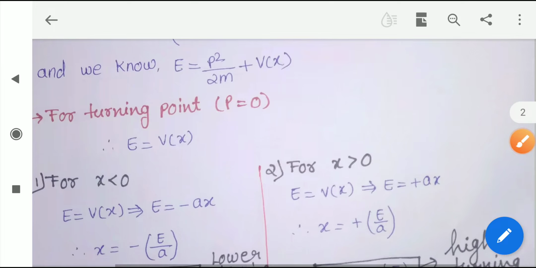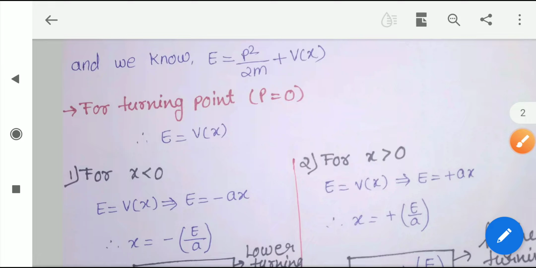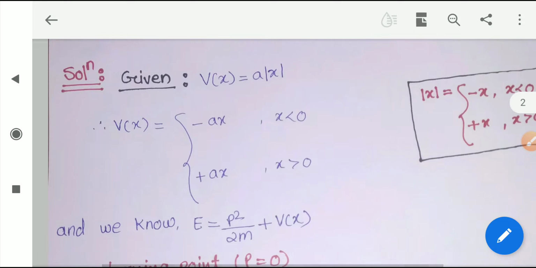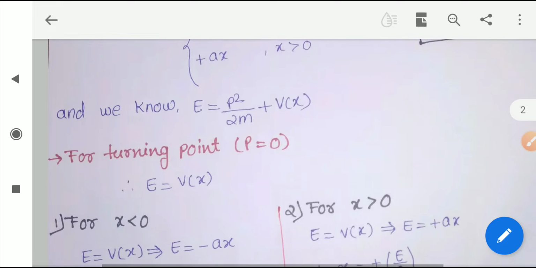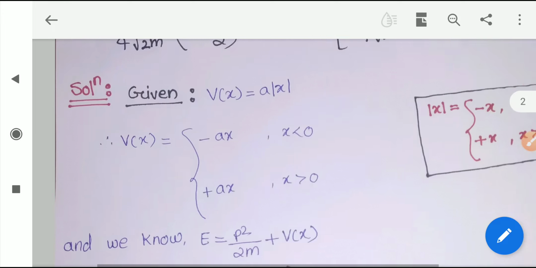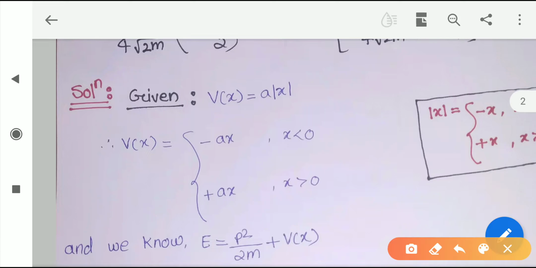After this, we have to find out the turning points. As you know, we have two values of potential, so we will get two turning points. One we will find for X less than 0, and the second for X greater than 0. Clear?